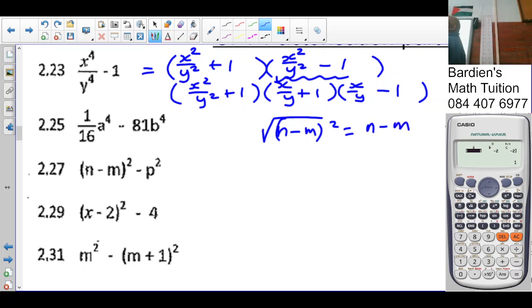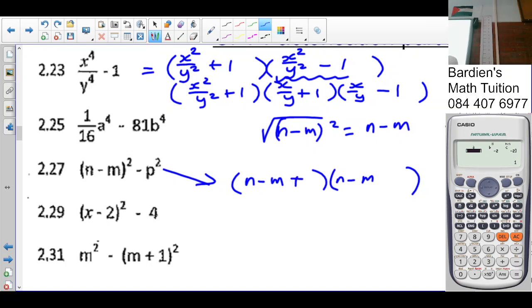So with this one here, the square root of n minus m squared is n minus m, n minus m, 1 plus, 1 minus. What's the square root of p squared? p. And there's that answer. Okay.